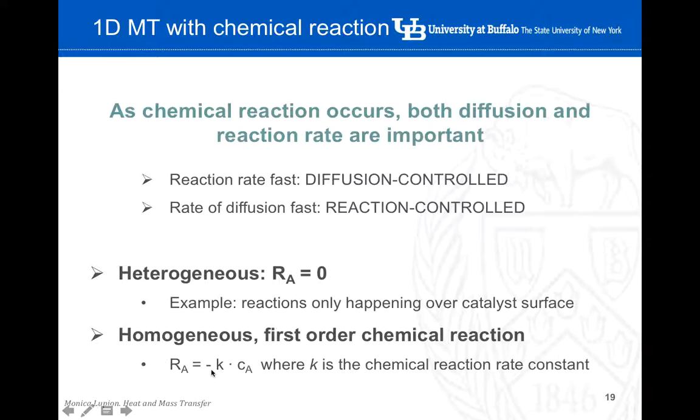In this example, it is a first order chemical reaction, so this R_A parameter is equal to minus the chemical reaction rate constant times the concentration. Depending on the order and on the different concentrations of the species involved, we will have different equations here expressing the rate of the chemical reaction.